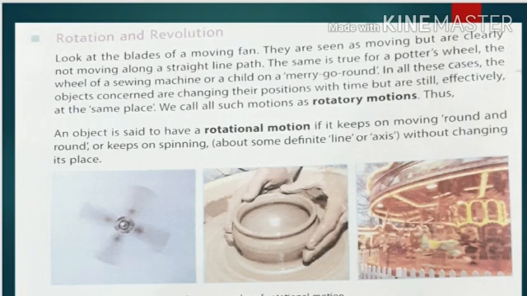So we can conclude an object is said to have a rotational motion if it keeps on moving round and round or keeps on spinning about some definite line or axis without changing its place.